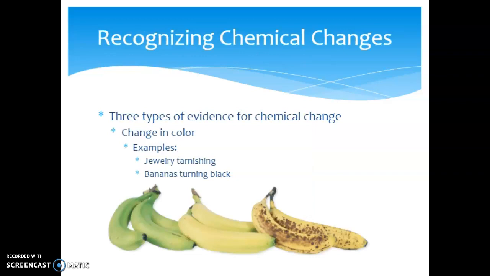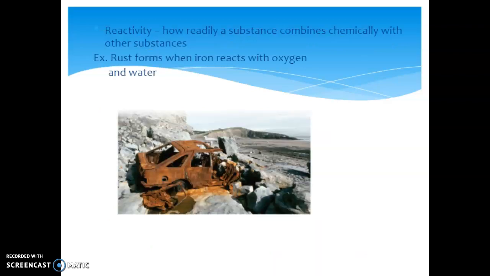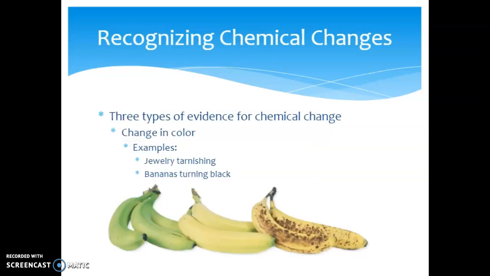So that brings us to this part of the chapter, which is how do you recognize a chemical change? Okay. Well, one major indicator you saw on here was a change in color. Okay. Does that always mean 100% without a doubt that a change in color means that there was a chemical change? No, it does not. But a lot of the times, if there's a change in color, it's a very good indicator that a chemical change has taken place.